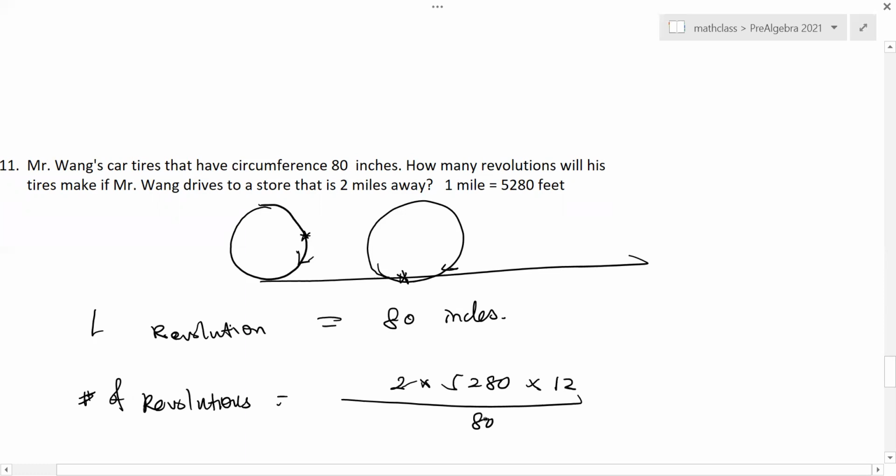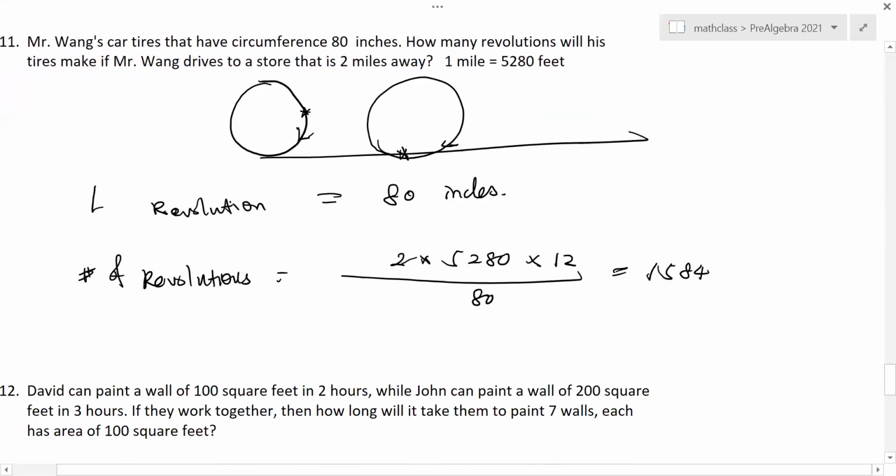Just see how many 80s there are. So it's 2 times 12 times 5,280, divided by 80, which is 1,584. So that's the total number of revolutions.